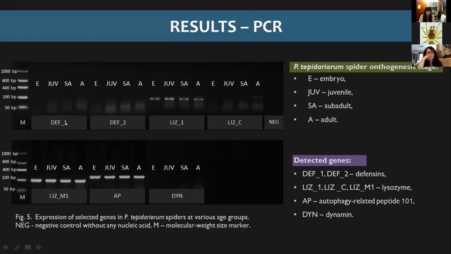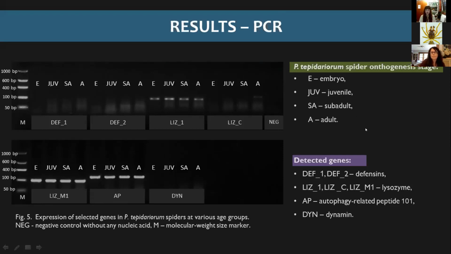There were also defensins, especially defensin 2, but it's not well visible in this picture. And lysozyme C was only detected in adult spiders.